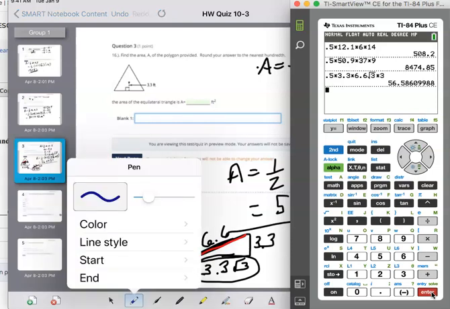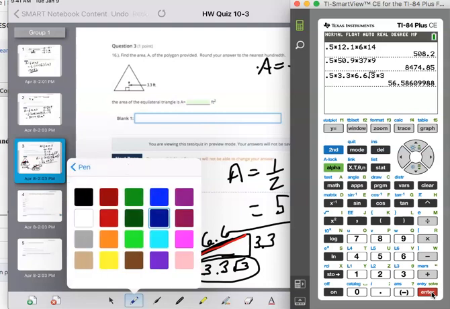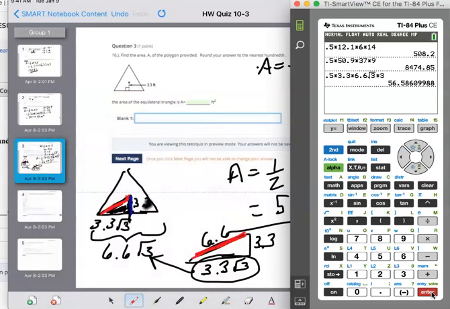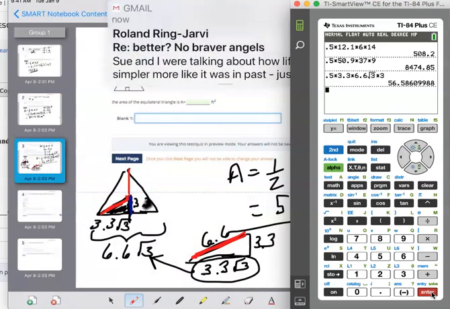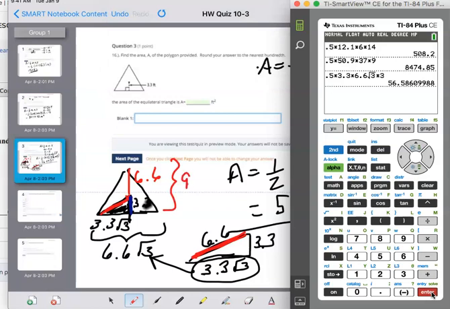If I continue from the center to the vertex, the polygon radius is 6.6. So I know that this whole height is 9.9, 6.6 plus 3.3.